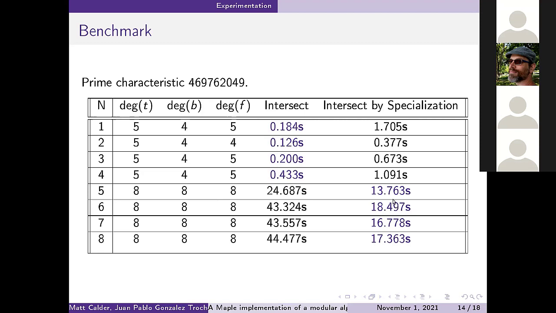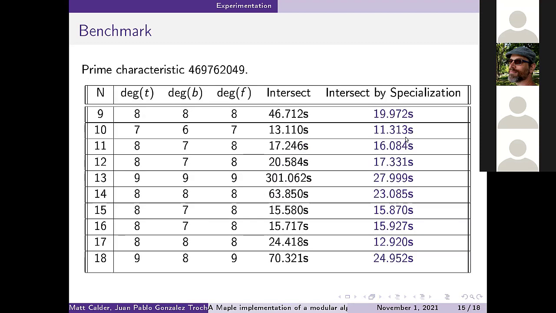And we see a really promising example of this. This is the example that I just showed before. And we see that the times here in some cases are much better than the intersect command.